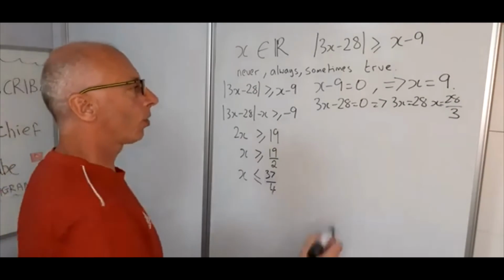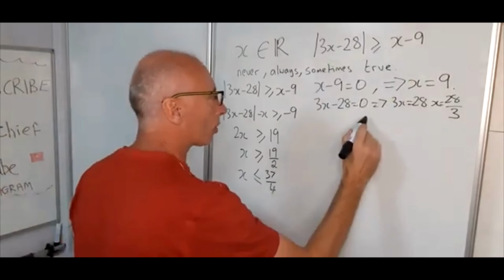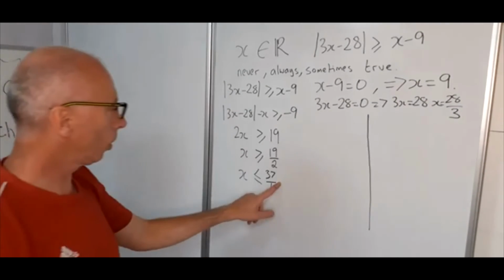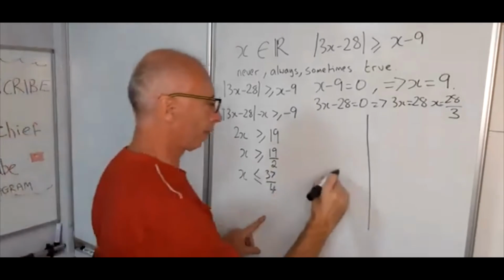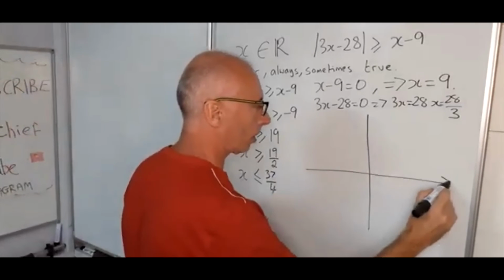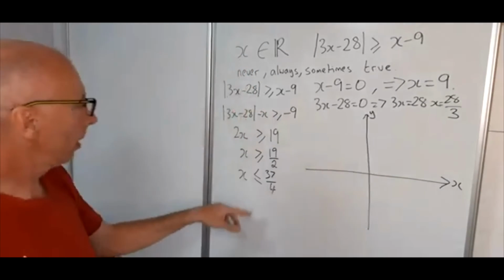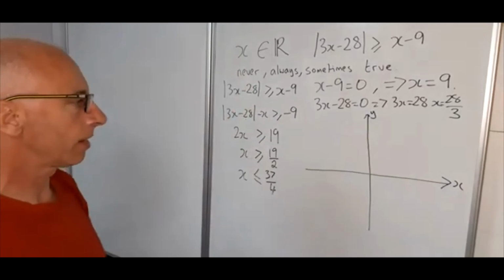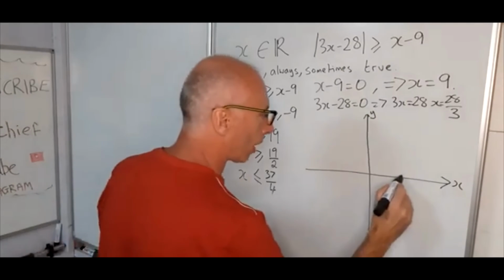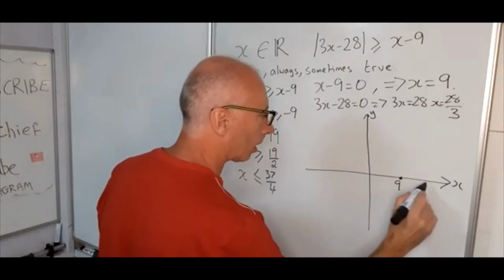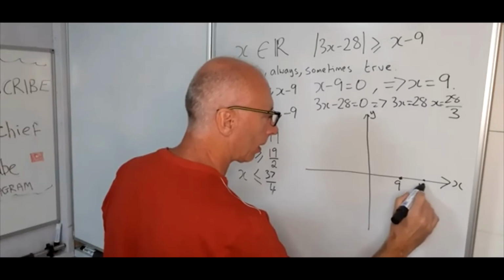So therefore we can draw the graph of both of these functions. Hopefully we're going to prove this. So that's our x-axis, that's our y-axis. Now we're interested in the points near 9. So let's just write 9 here and 10 here.